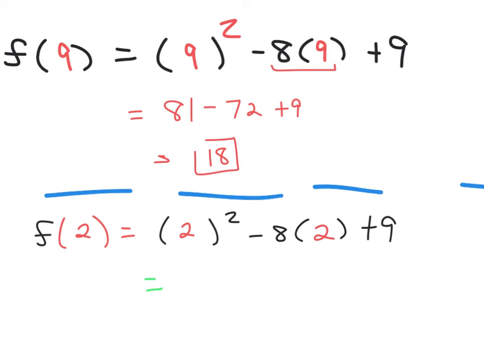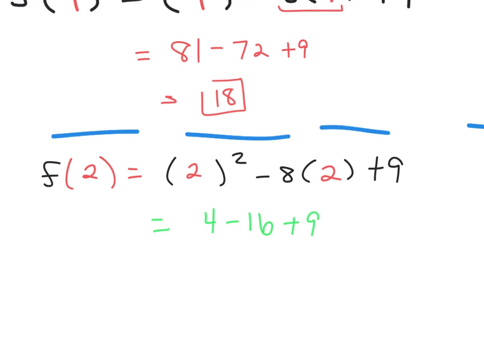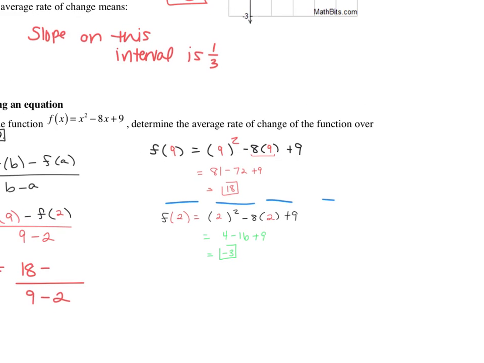And again, you can use your calculator or you can do PEMDAS. 2 squared is 4. 8 times 2 is 16, so I have 4 minus 16 plus 9. 4 minus 16 is negative 12. Negative 12 plus 9 is negative 3. That's what I'm going to be substituting now.